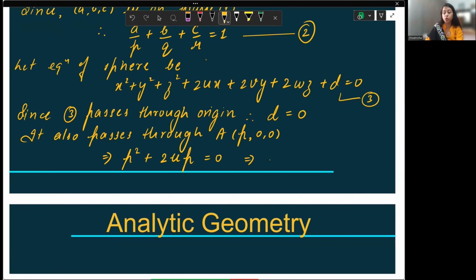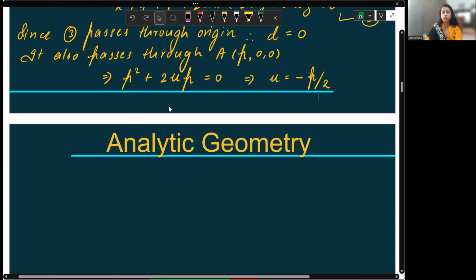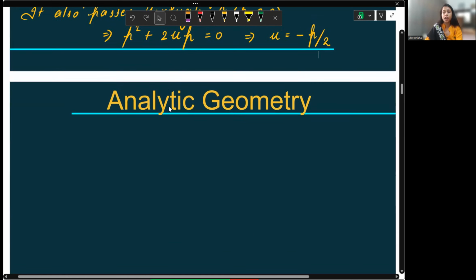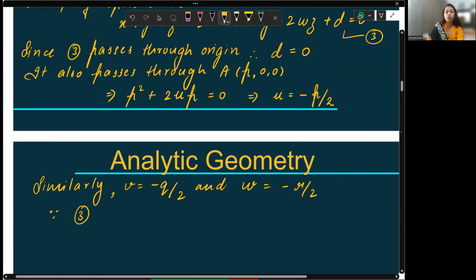You can find the value of u from here. u comes out to be minus P by 2. Similarly, v is equal to minus Q by 2 and w is equal to minus R by 2, because the sphere also passes through B and C.